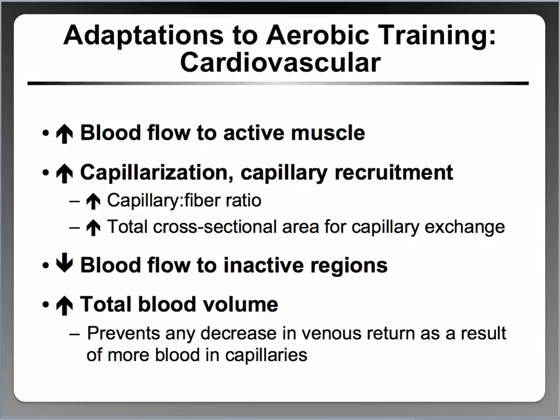If all of the blood, or a good portion, goes to the capillaries, will that affect the blood returning to the heart? And the answer is no, because I have an increase in total blood volume. The increase in blood volume offsets the blood that is being dedicated and going into the capillaries.